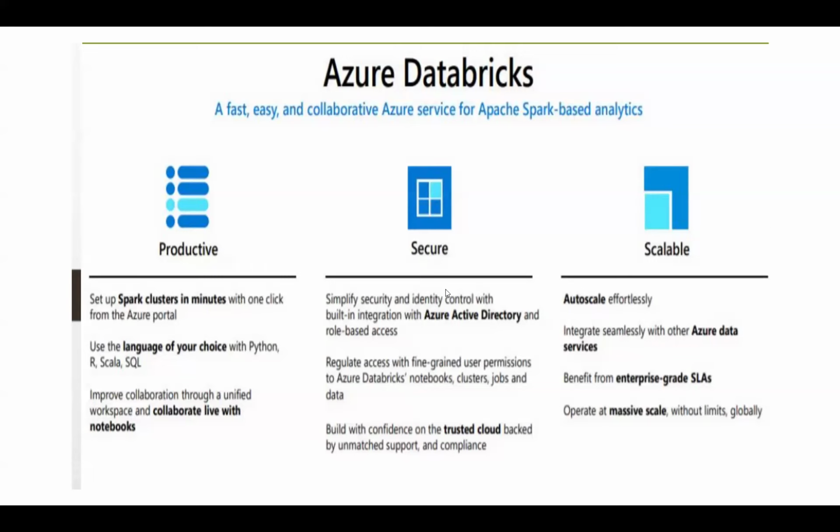And scalable. What is meant by scalability? Suppose you assume you are going to get 20 GB of data every day. In order to process the 20 GB of data, you have defined that you require 8 worker nodes or 6 or 4, whatever it may be.